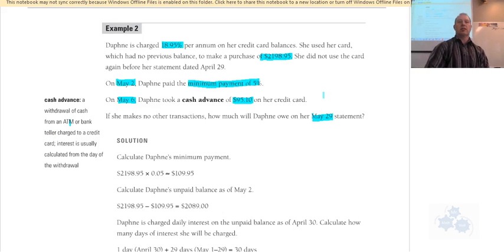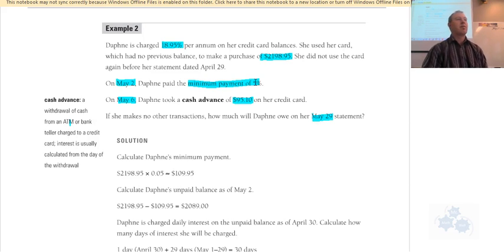All right, so let's talk about the first part, her minimum payment. So how much will Daphne owe on her May 29th statement? She did not use the card again before her statement dated April 29th and then May 29th. So we've got these other purchases. So the minimum payment is going to be, does it say here 5%?